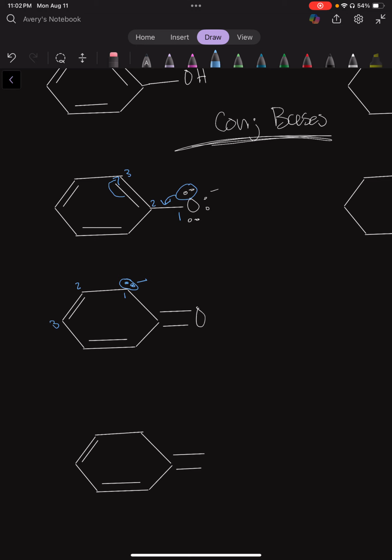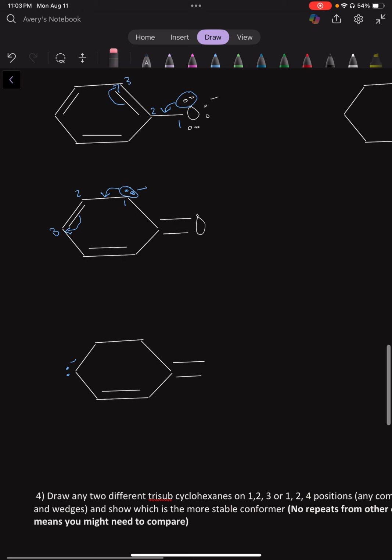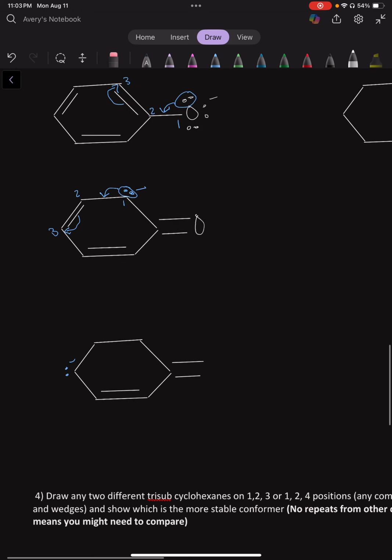One lone pair moves to create a pi bond, and this pi bond breaks to create lone pairs and a negative charge. So then we get lone pairs here in a negative charge, and this pi bond should be broken. And now we have a pi bond here.